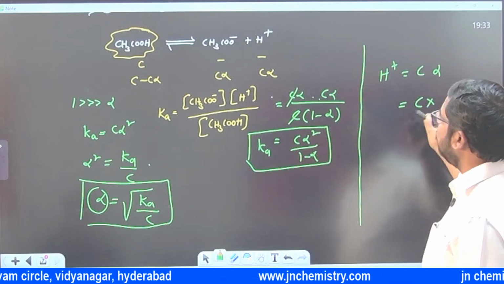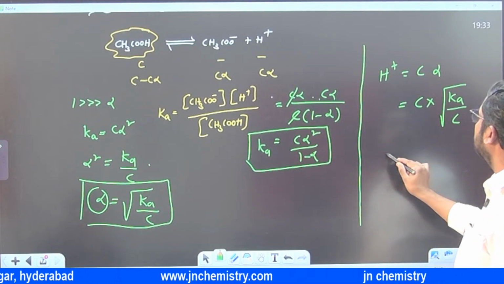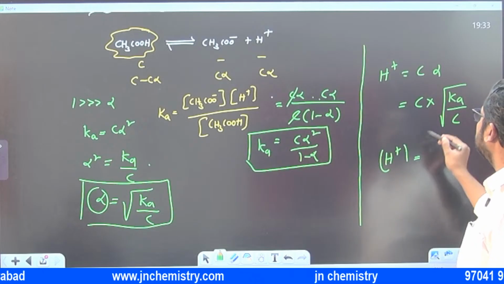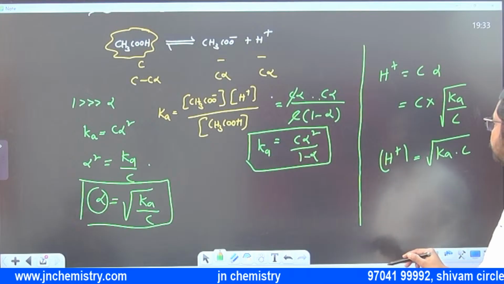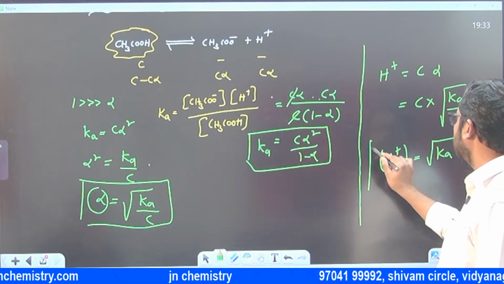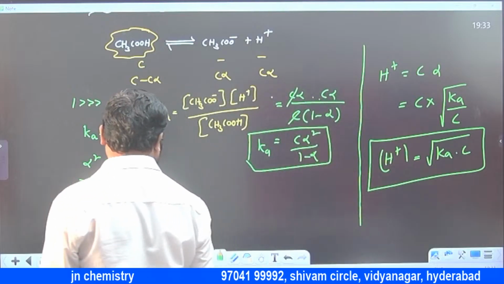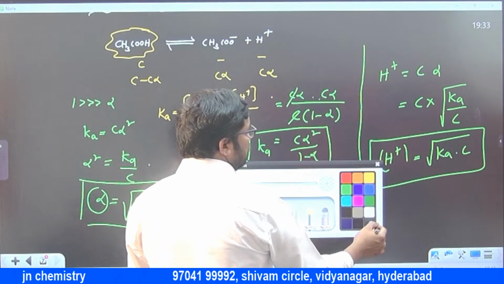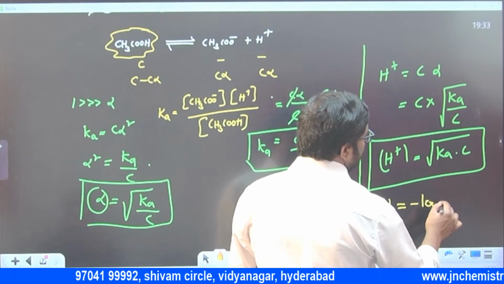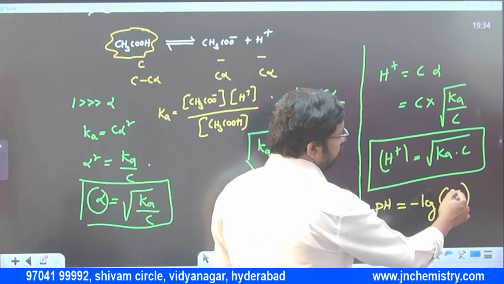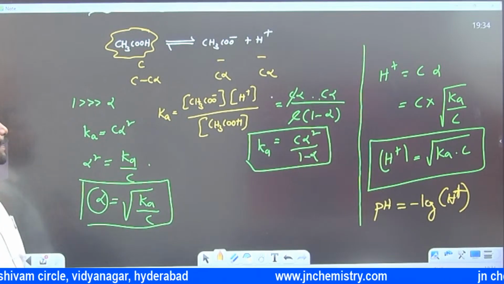C into alpha means C into root of Ka by C. So the H plus ion concentration is equal to root of Ka into C. This is very important to solve the numericals. The pH is equal to minus log of H plus ion concentration, which I am going to discuss, what exactly pH is and all those things.